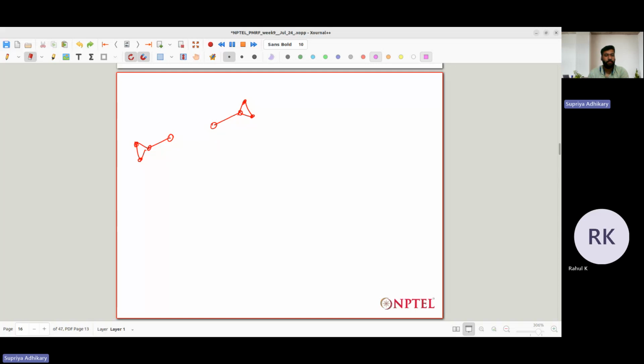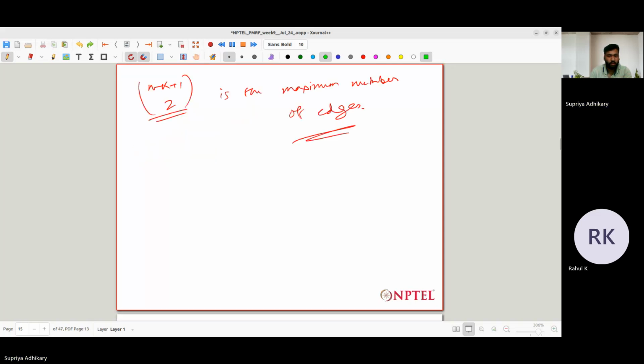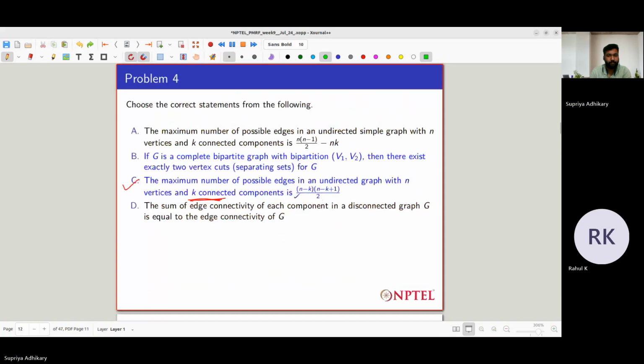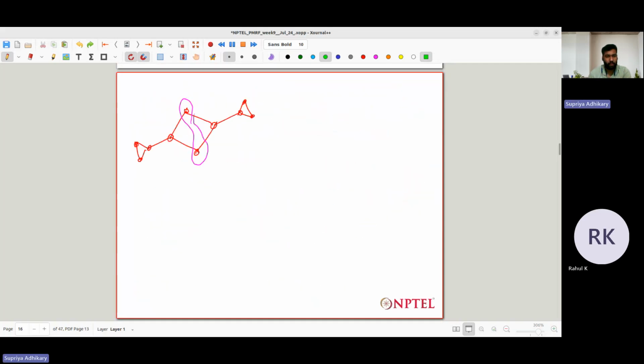So this is a disconnected graph. So this is one vertex cut. Again, we can consider this set to be one vertex cut. This can also be considered as a vertex cut. So there can be multiple vertex cuts.